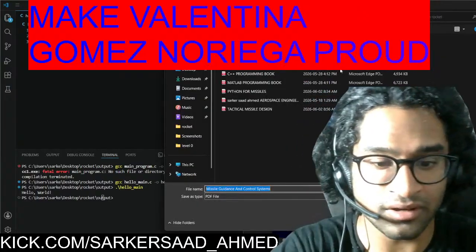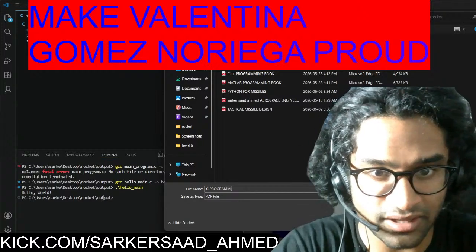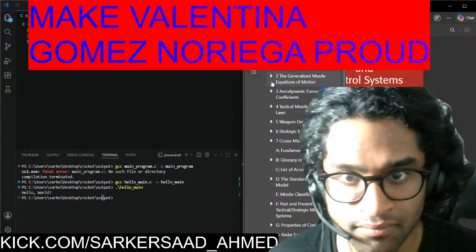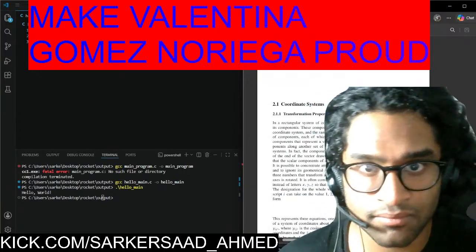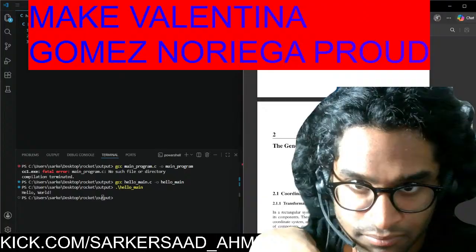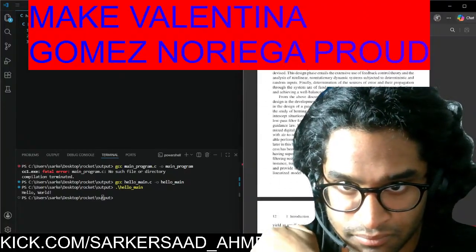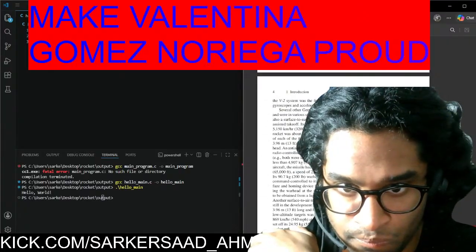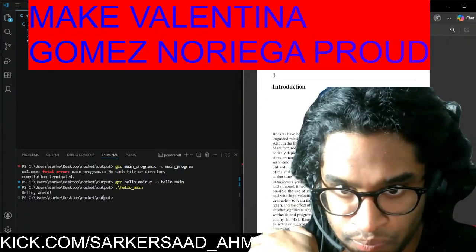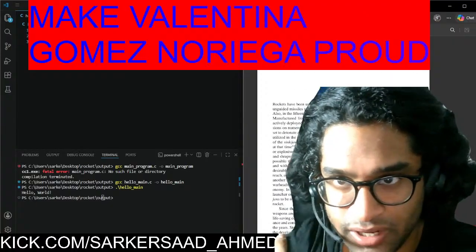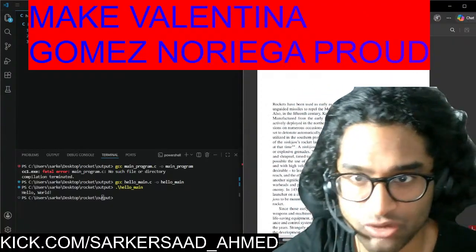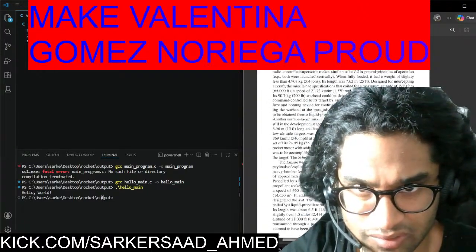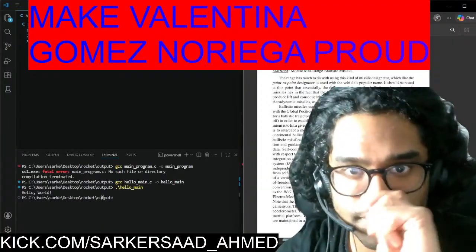This is for C programming, a theory book. Do I have to know anything from here? So rockets have been used since the earliest, AD 1232, Chinese. Okay, whatever. I think these are all history, right?